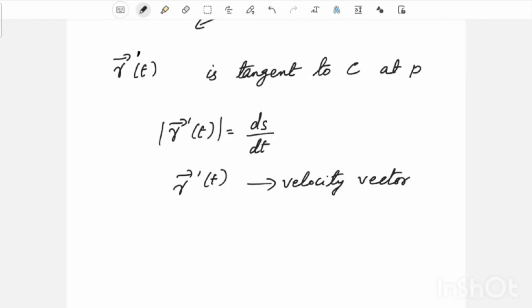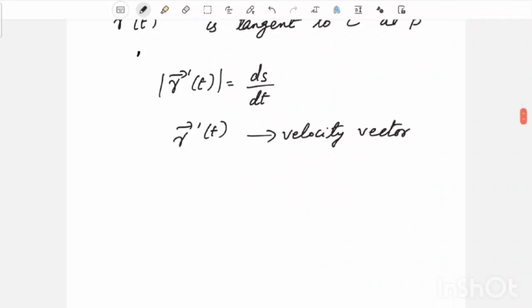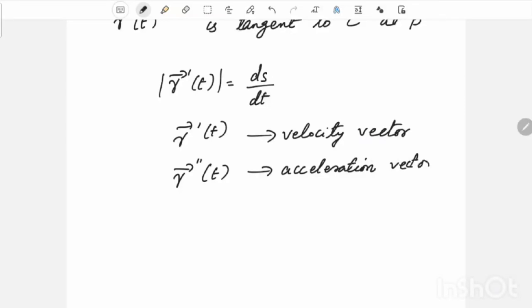Similarly, we define the acceleration vector of the plane at time t to be vector r double dash of t. The acceleration vector gives the rate of change of the velocity vector.